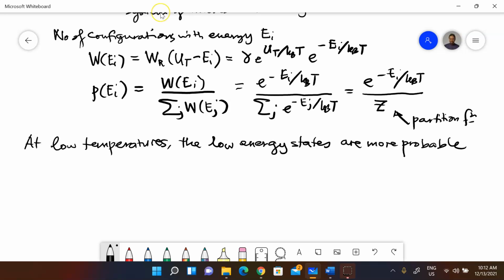So states that are mostly occupied are the lower energy states.